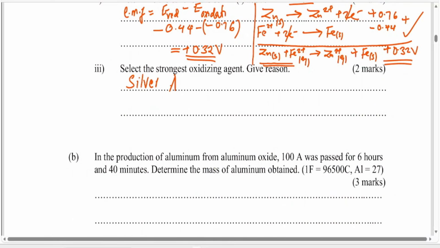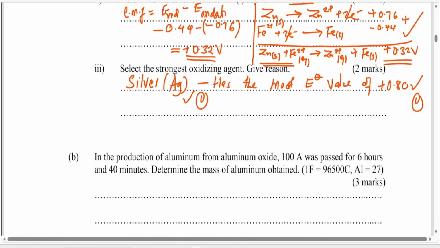You can still use the formula because they have used it. That is 1 mark. And the reason that we give is because it has the most positive E0 value of positive 0.80. So this gives you 1 mark and the explanation gives you 1 mark.